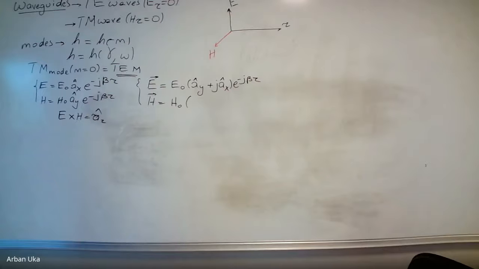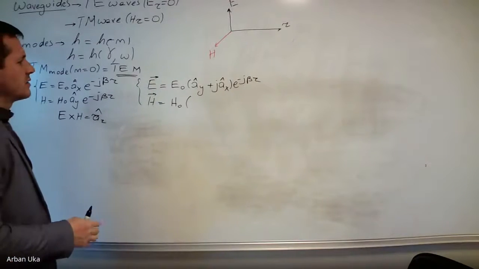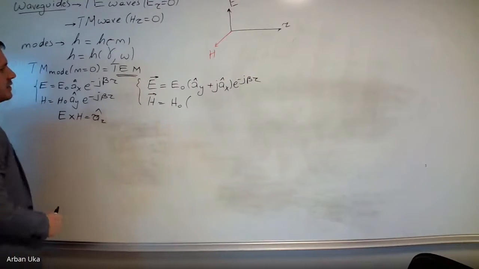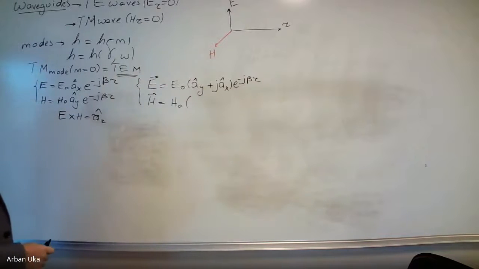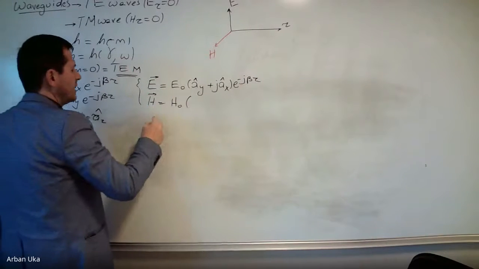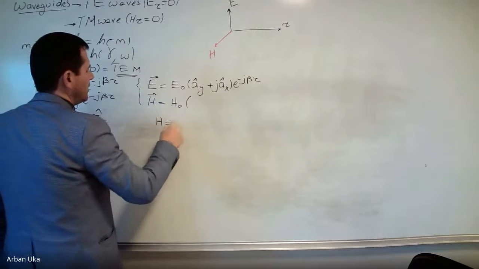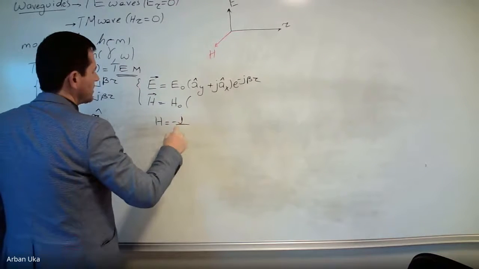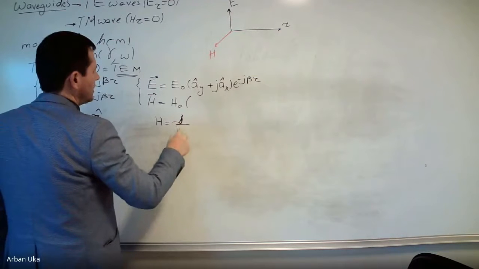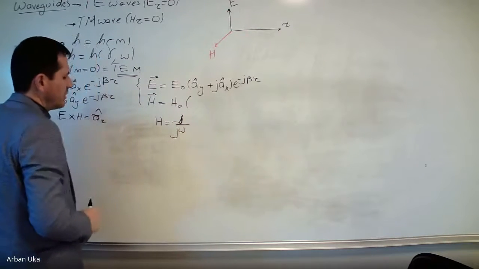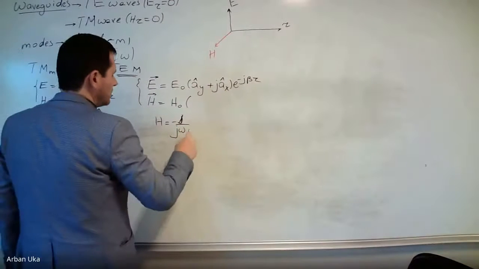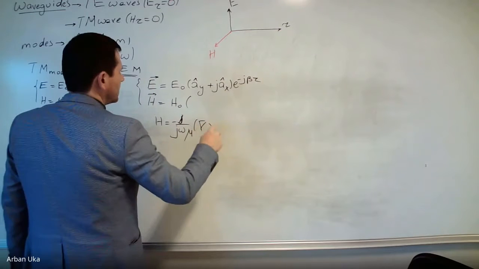We always know the most structured method to determine one of the fields from the other one. We know that the best solution would be the following. If we have the E, the H would be equal to minus 1 over j omega mu times the curl of E, right?